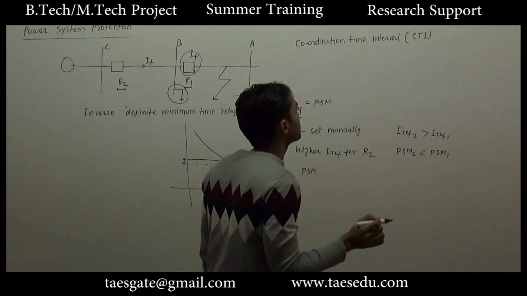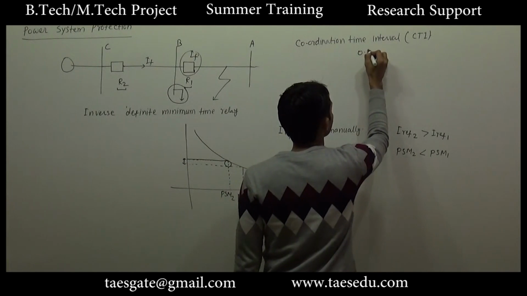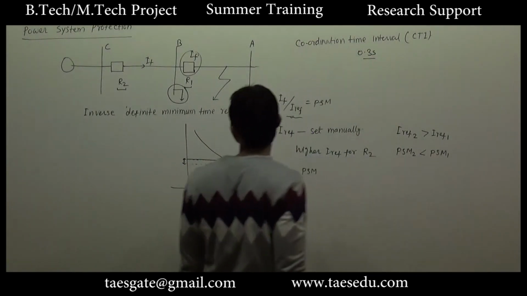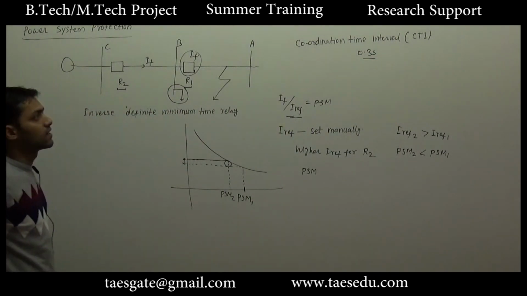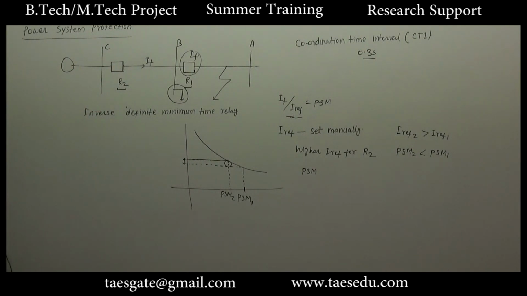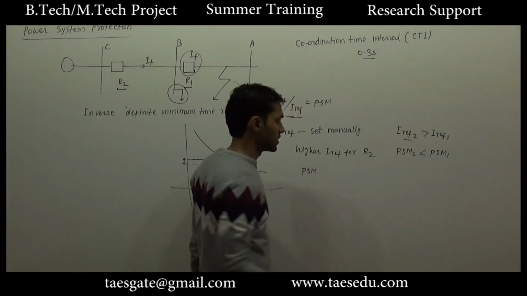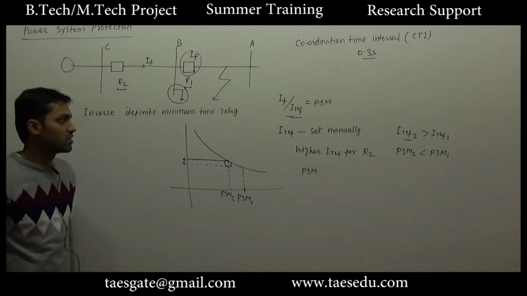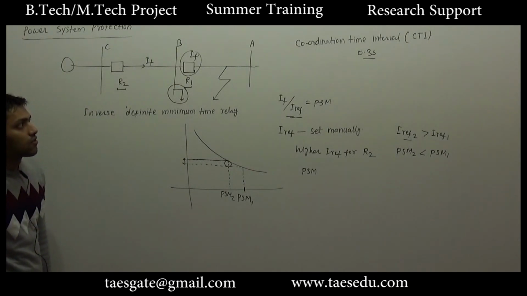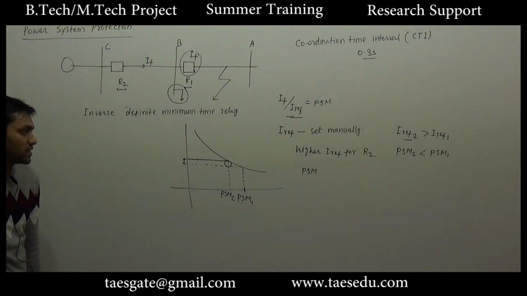Normally the value of CTI is 0.3 second. Relay 2 will wait up to 0.3 second for relay 1 to operate, and if relay 1 fails, then relay 2 will operate. So as I said, setting a higher value of reference current for relay 2 is not a good option. This will not always provide a coordination time interval of 0.3 second.